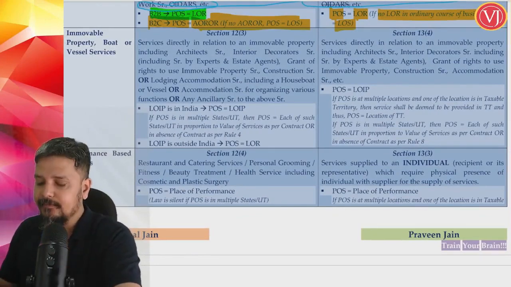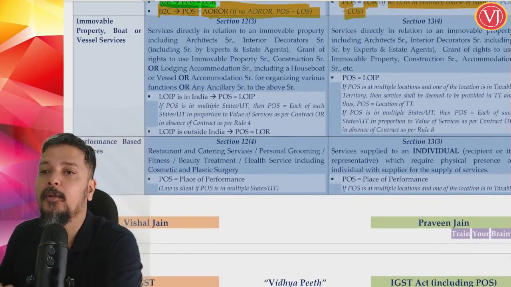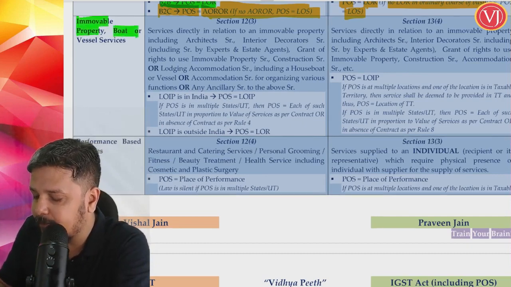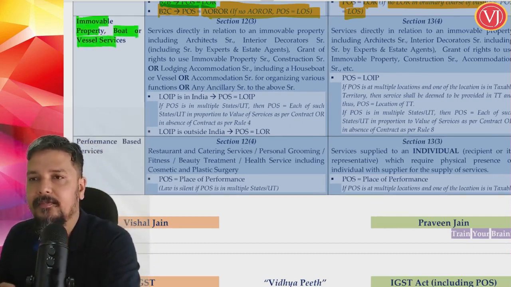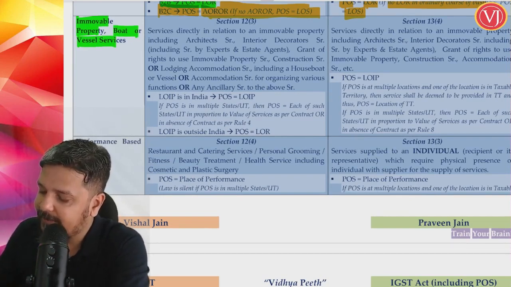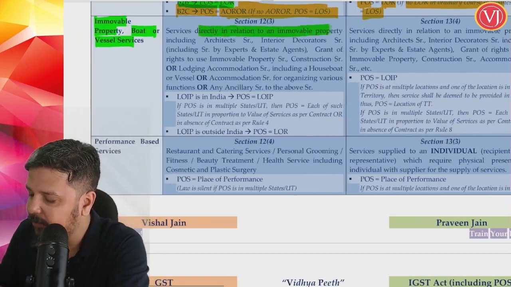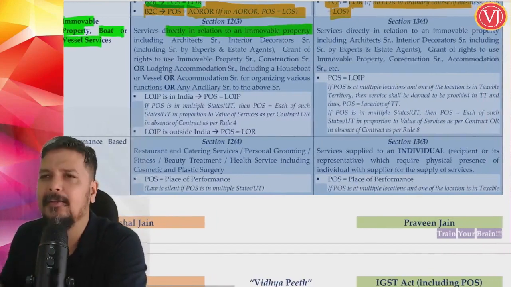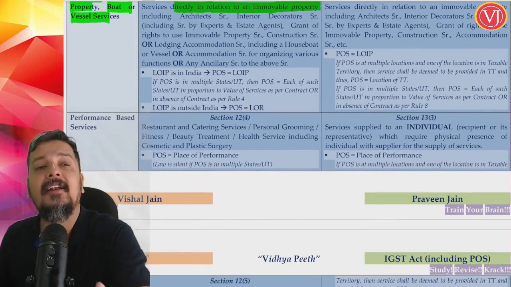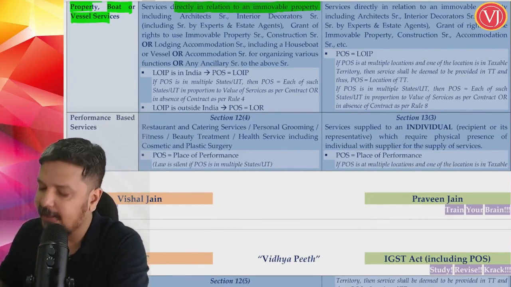Second category. Now we are talking about specific categories: immovable property related services, boat or vessel related services. If it is section 12, if a service is directly in relation to immovable property, they give the examples: architect services, interior decorator services, expert services, estate agent services, grant of right to use immovable property, which is nothing but renting or leasing of immovable property, construction services.